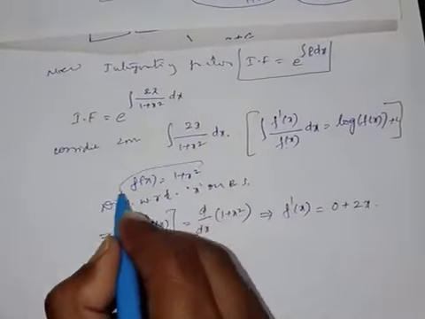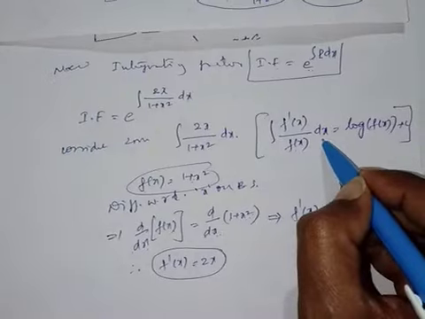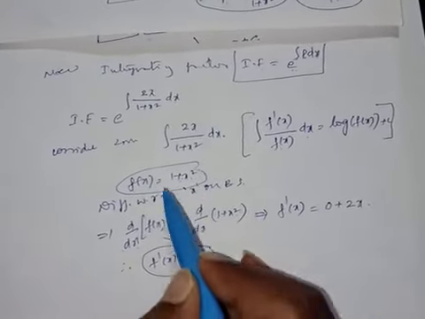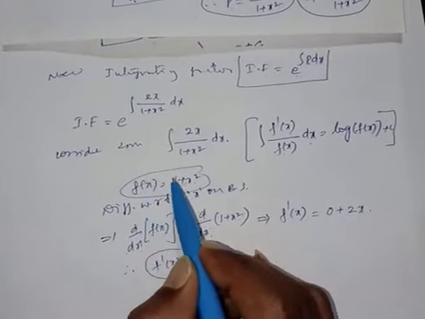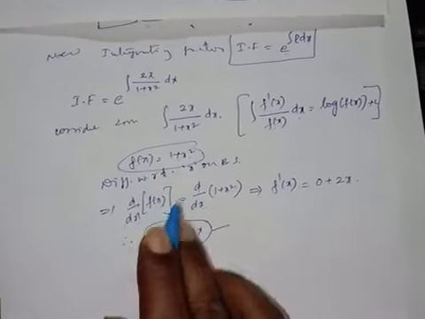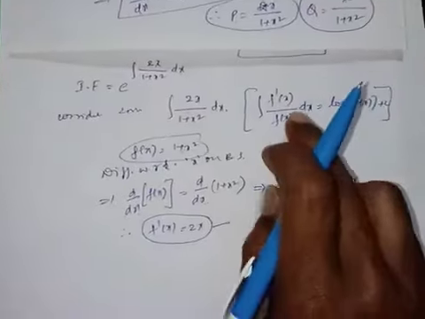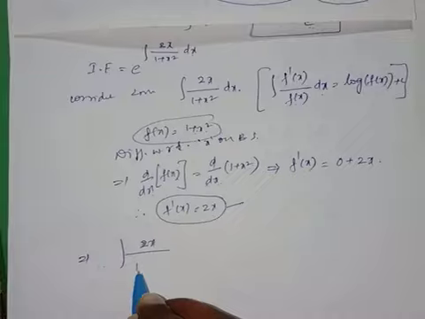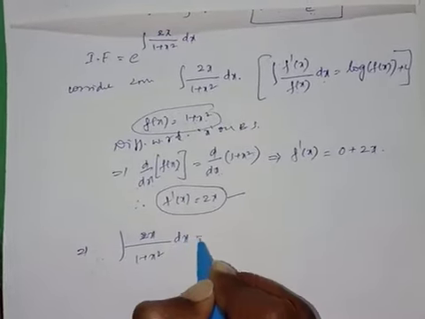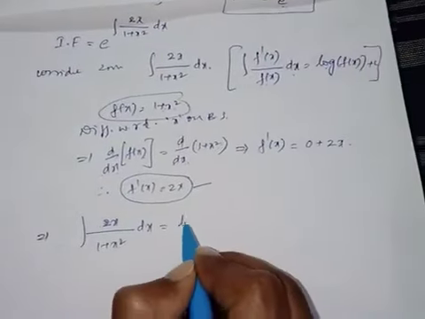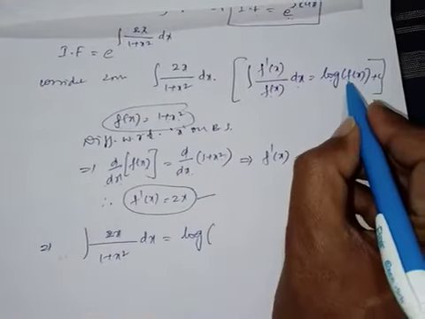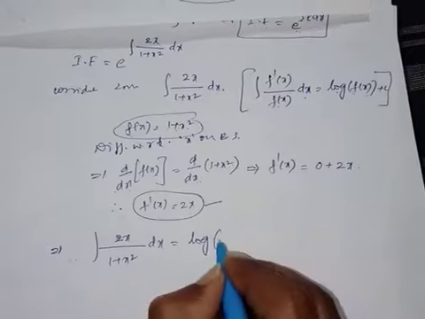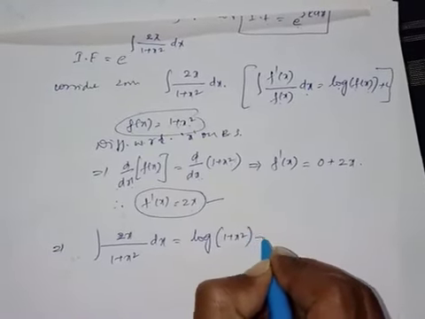So if we use this formula, f(x) is the denominator, and if we differentiate this denominator, the numerator is f'(x) = 2x. Applying it here, the integral of 2x/(1 + x²) dx equals log f(x), where f(x) is 1 + x², plus c.